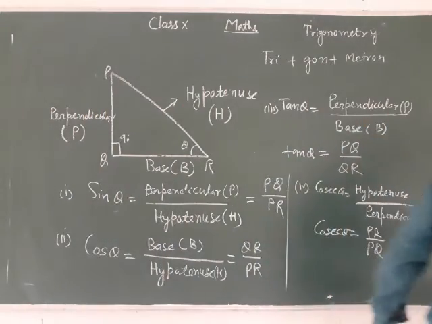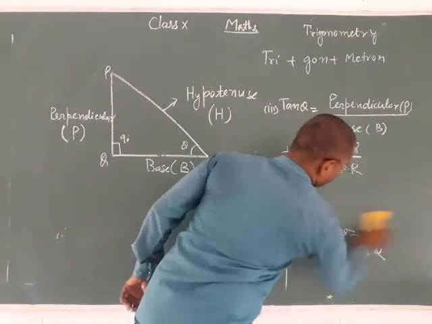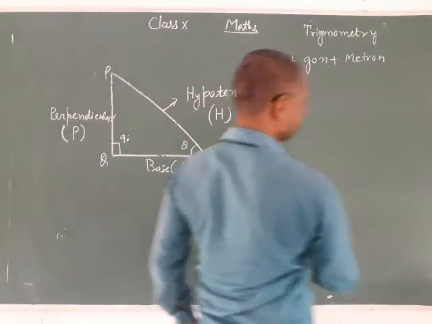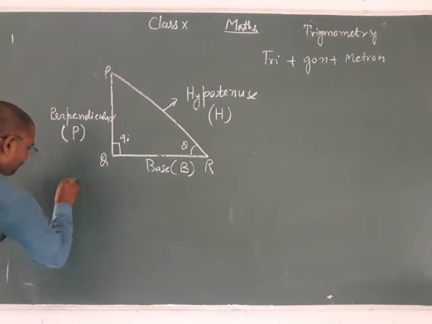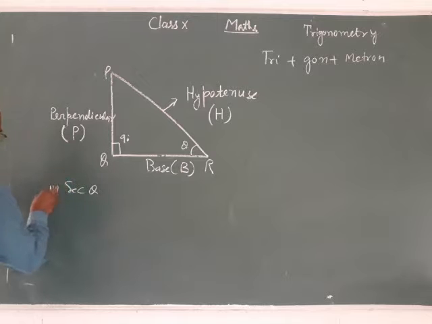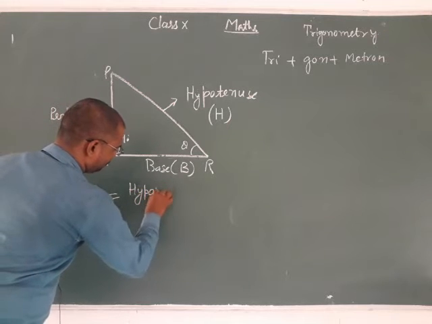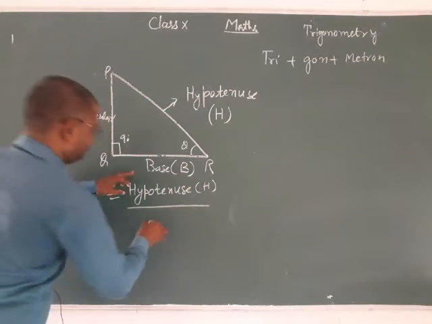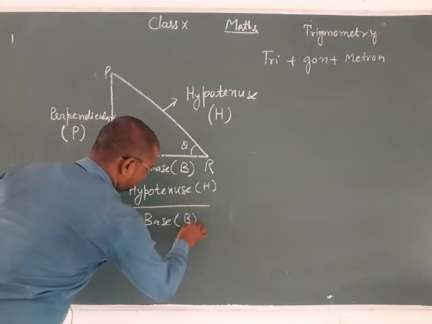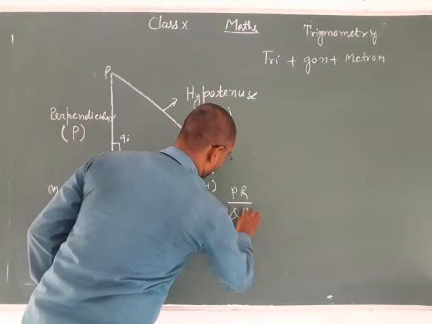The fifth is sec theta. Sec theta is hypotenuse H upon base B, which is PR upon QR.